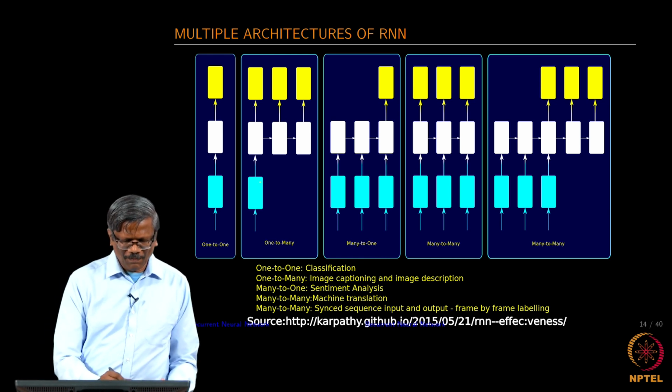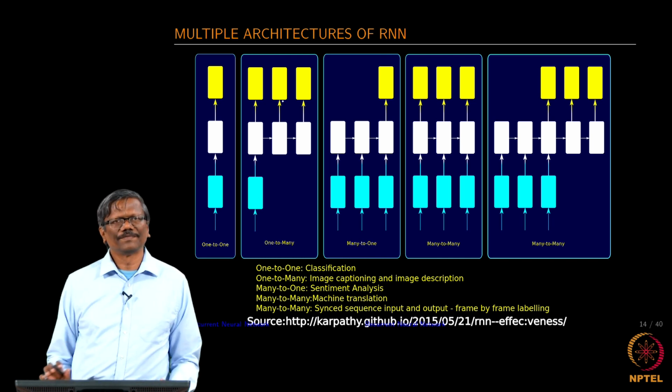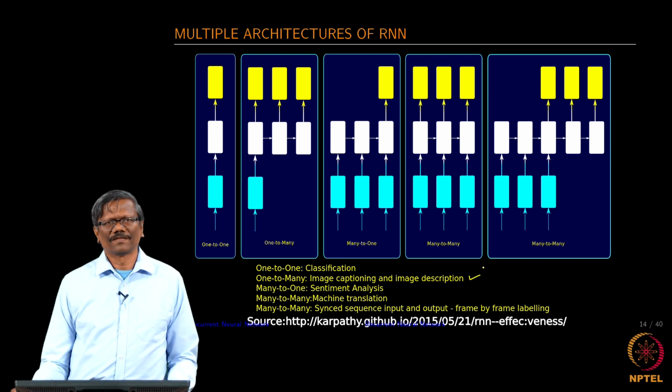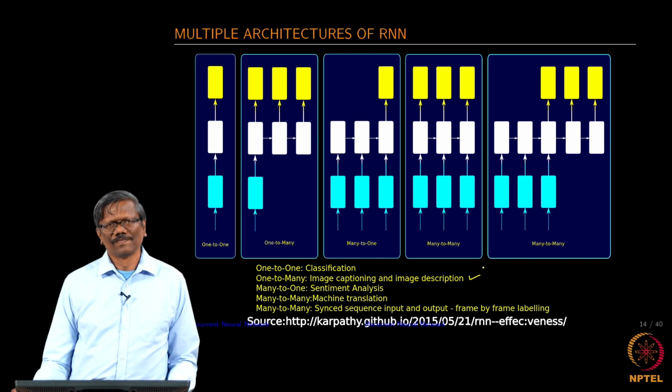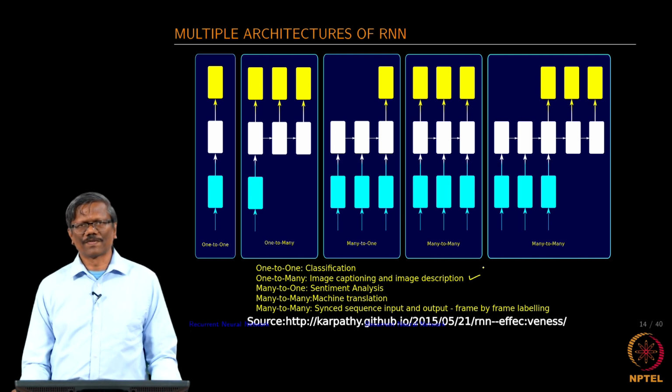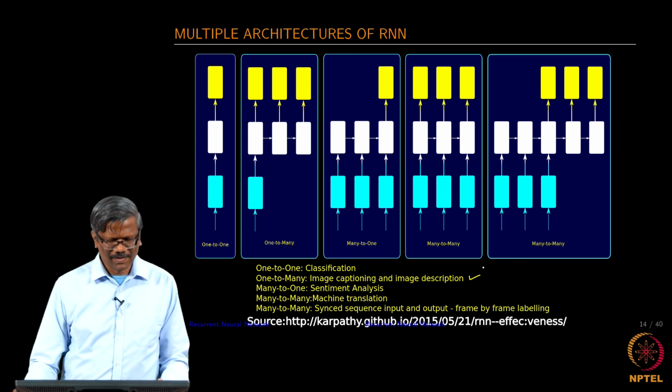And then I can have one input to many output. I can use it for image descriptions. So, I can keep feeding one word and then it can give me various options connected to that particular word.